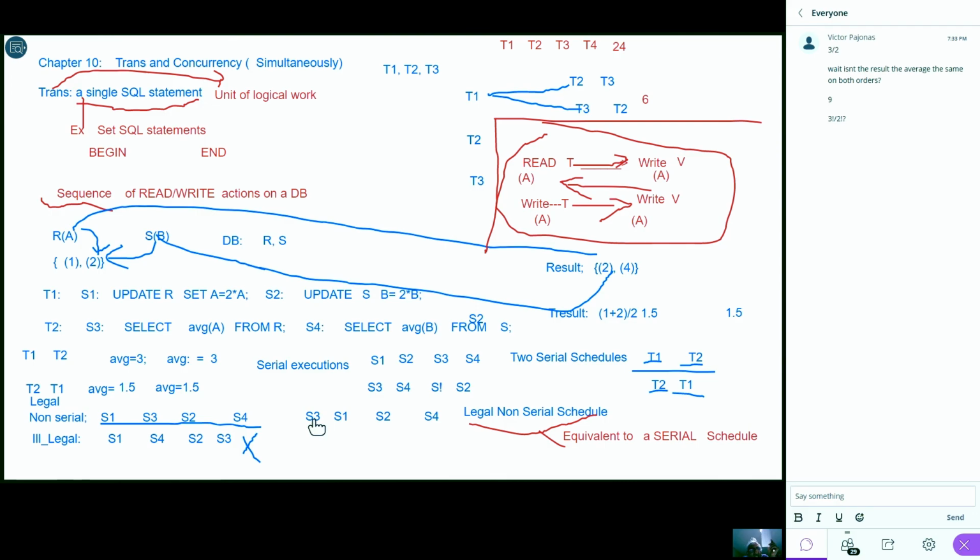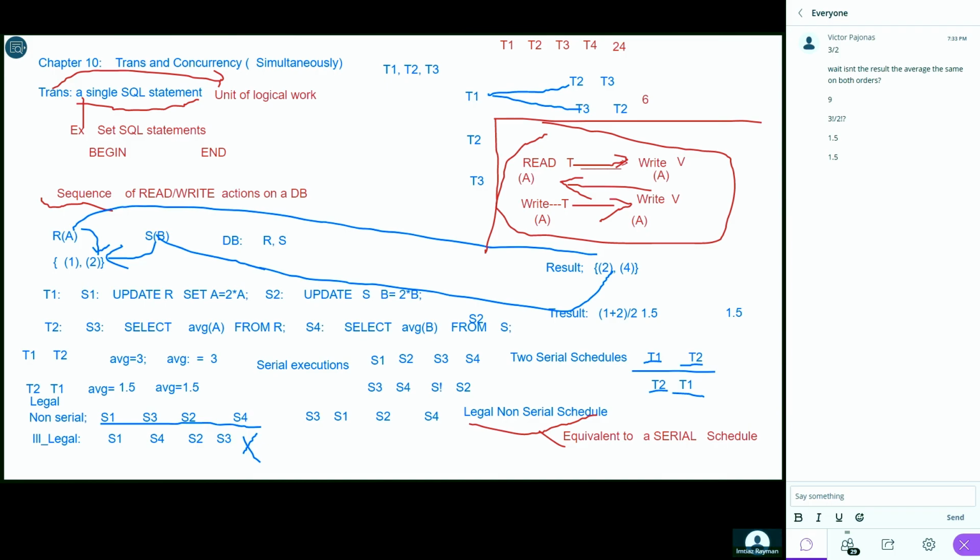S3 happens first. So what's the average first? It's going to be from R, what's the average? 1.5. Thank you very much. And then from S, what's the average? Come on, we did it.